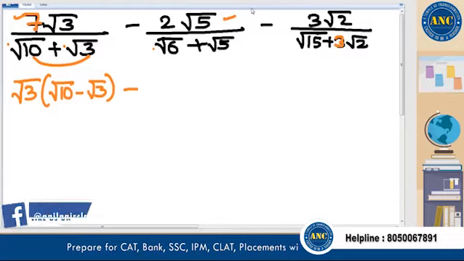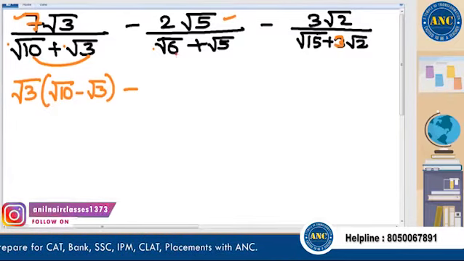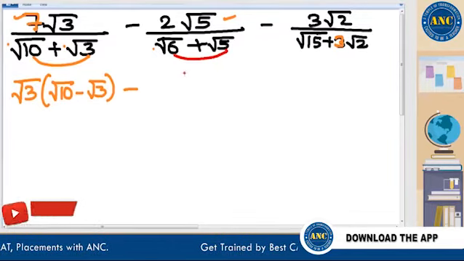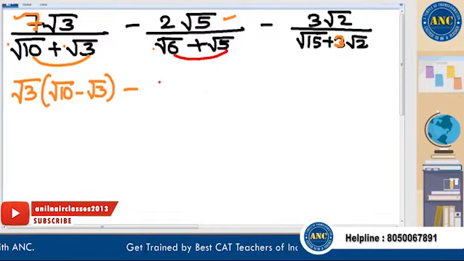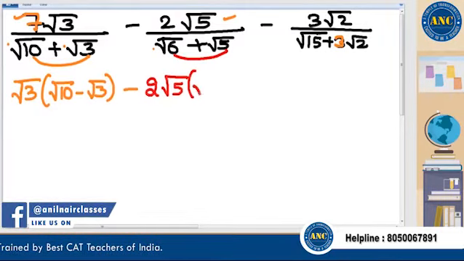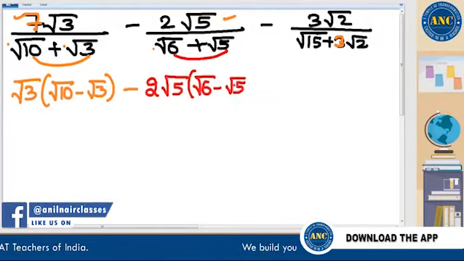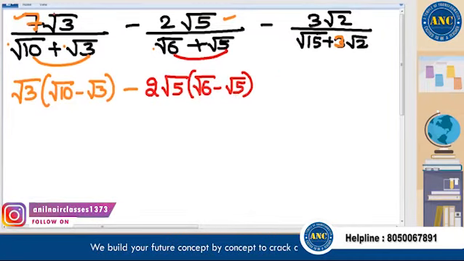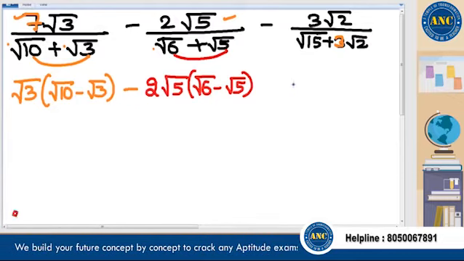Similarly, for the second term, the denominator is 6 minus 5, which is 1. So what remains is the numerator, 2 root 5, and the rationalized term root 6 minus root 5. Now see the last term. Try to be a little careful because the coefficient is not 1. So use the normal method.